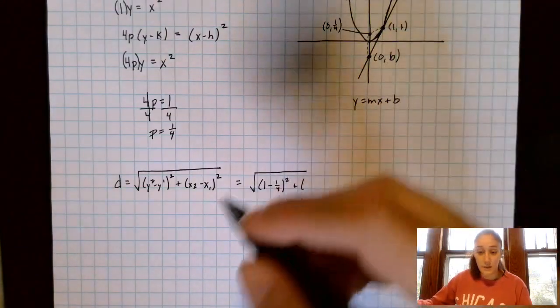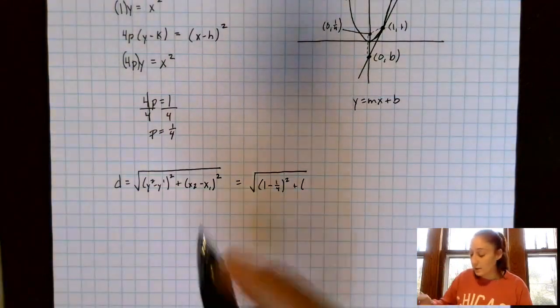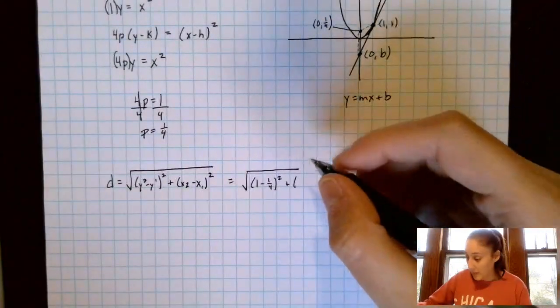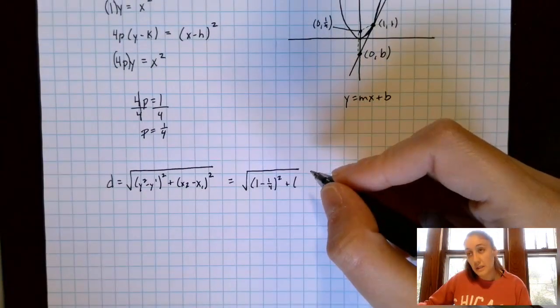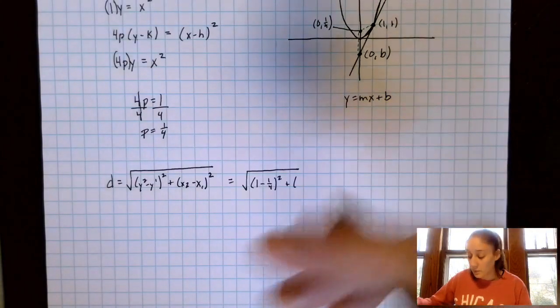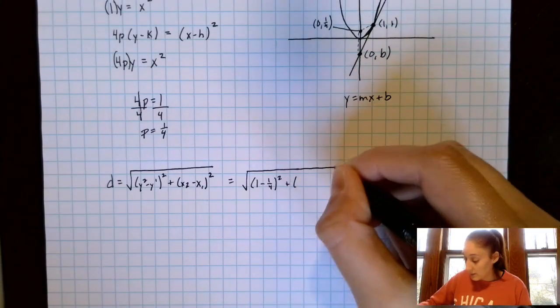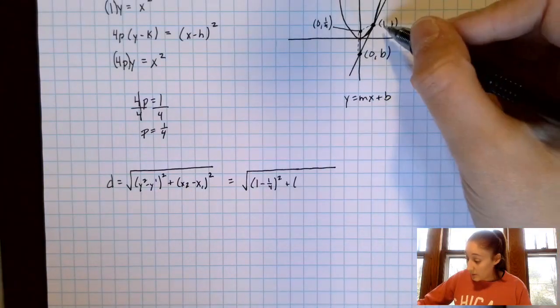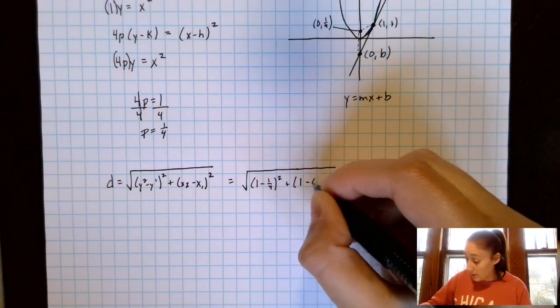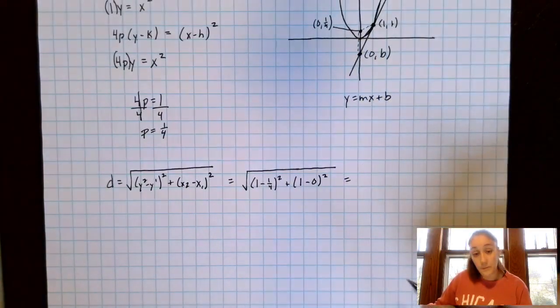It actually doesn't matter if you subtract your x's first or your y's first, because you're just adding. You've probably seen this as x2 minus x1, but again, it doesn't matter because this is commutative. And then we're going to subtract the y's, so 1 minus 0 squared.